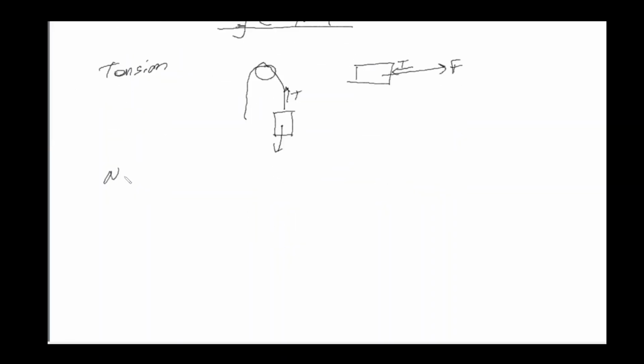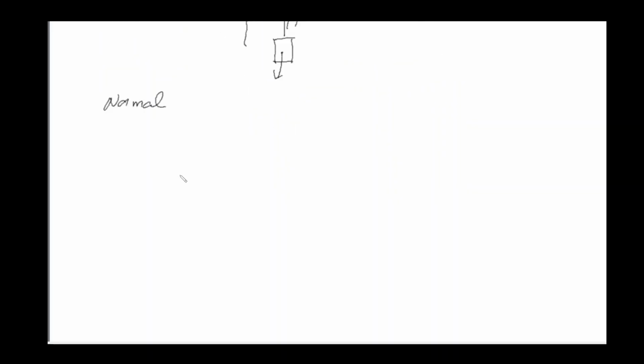The other force we'll need to know is called the normal force. And the normal force is the force a surface pushes up with against gravity. And it is perpendicular to the surface, hence the name normal. So for example, if you have a table and you have a weight on the table, gravity is pulling down on that weight, and that's equal to mg.